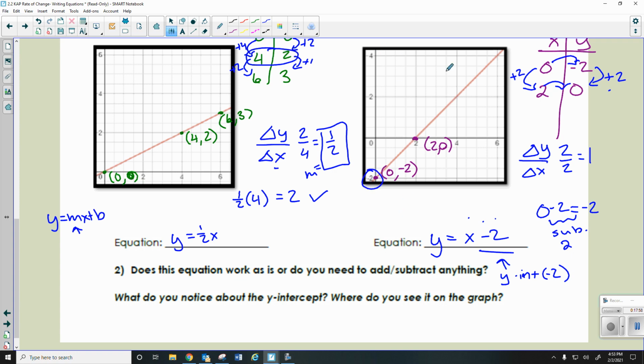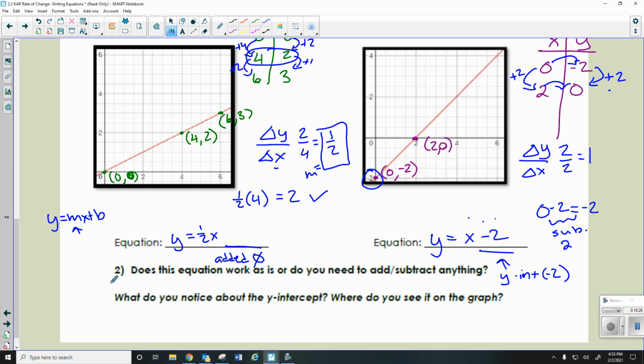It's where the line hits the y-axis, the intersection with the y-axis. What about over here? What did I add or subtract? I added 0, nothing. That's why it goes through the origin. My y-intercept is at 0.